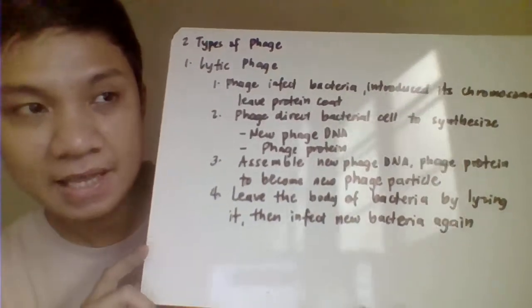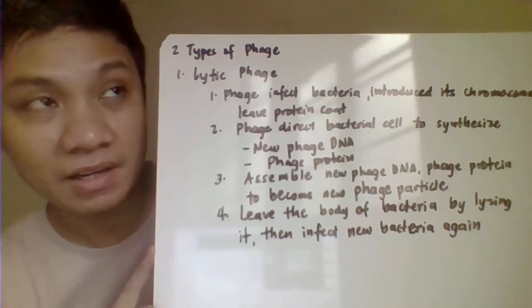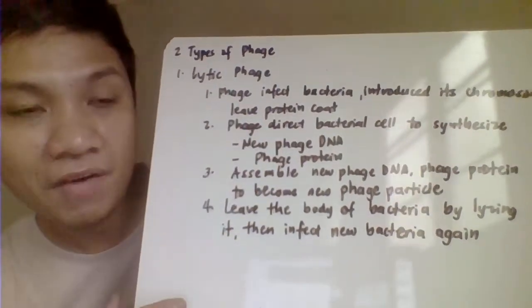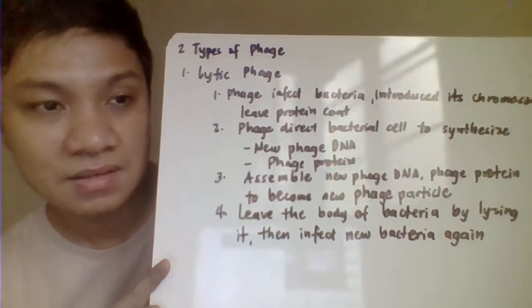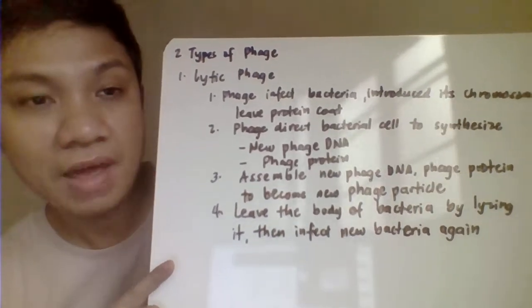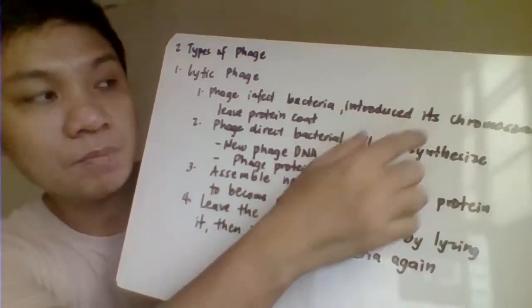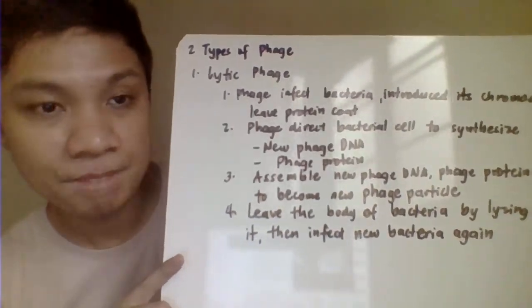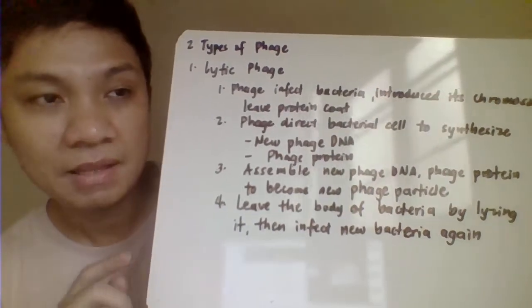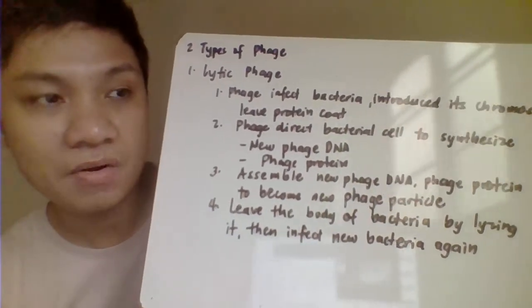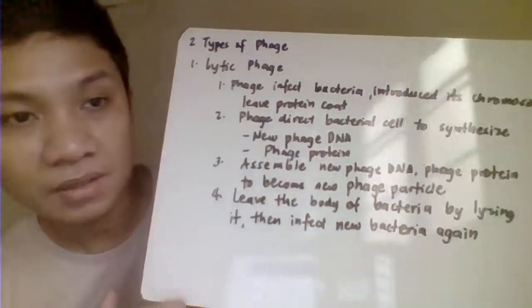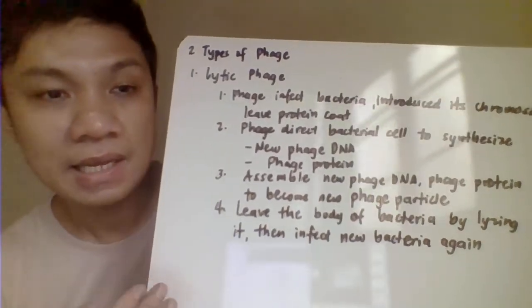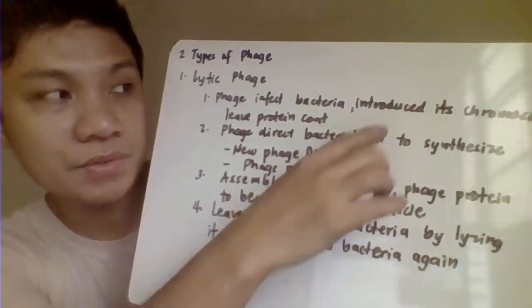Basically, the phage tries to infect the bacteria. As it infects, it introduces its chromosome, which could be either DNA or RNA. It leaves the protein coat outside. What is introduced inside the bacteria is only the chromosome.